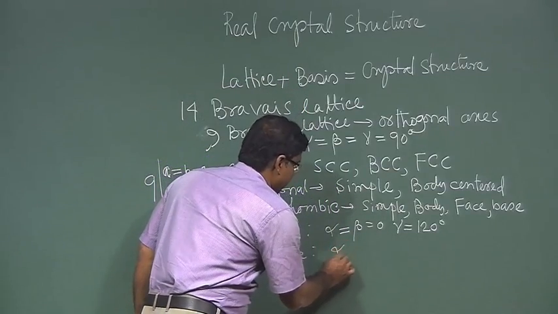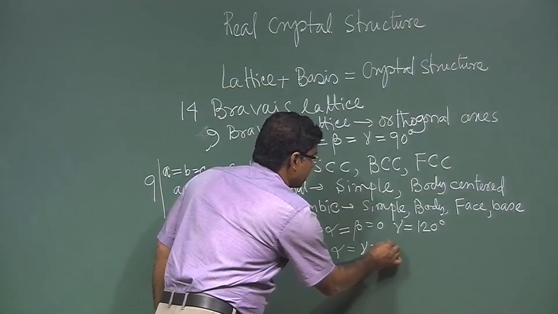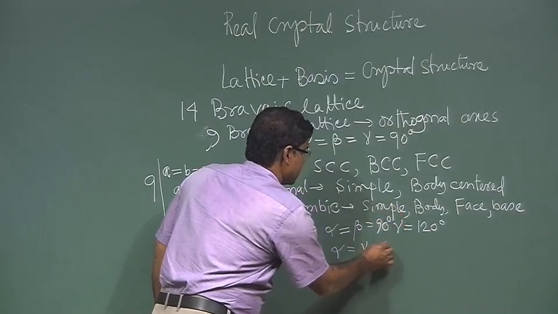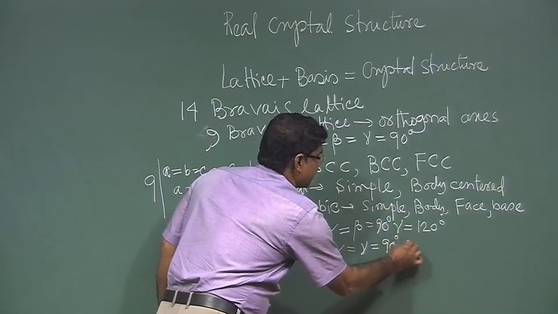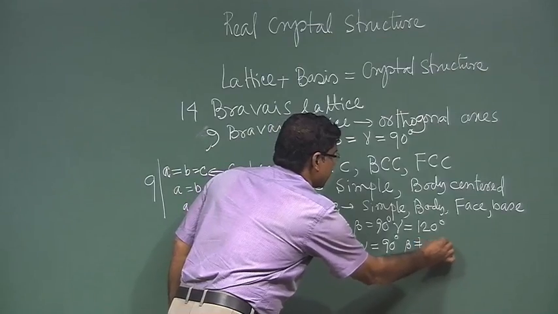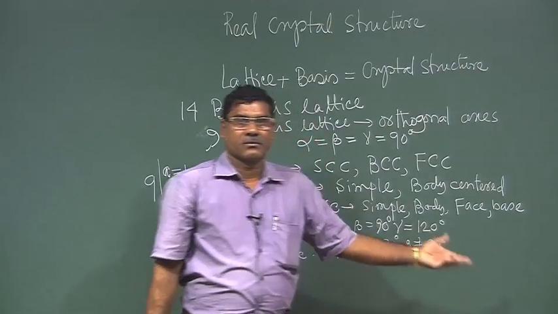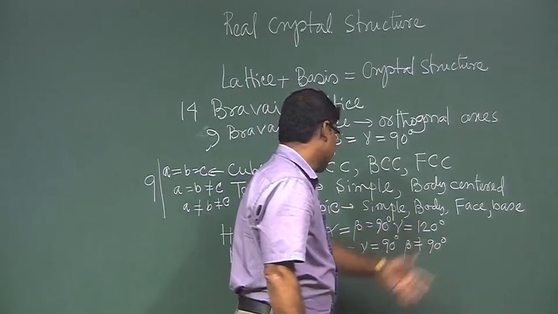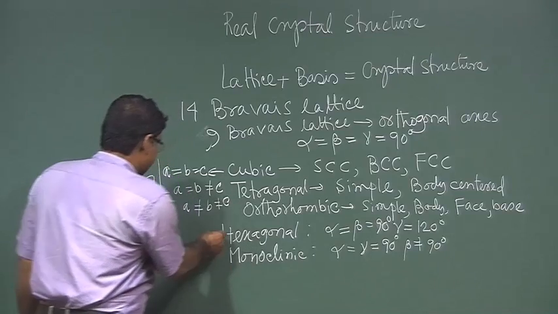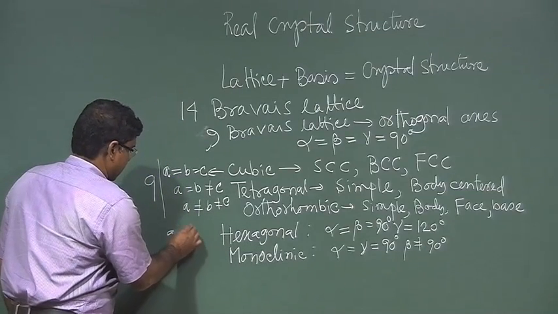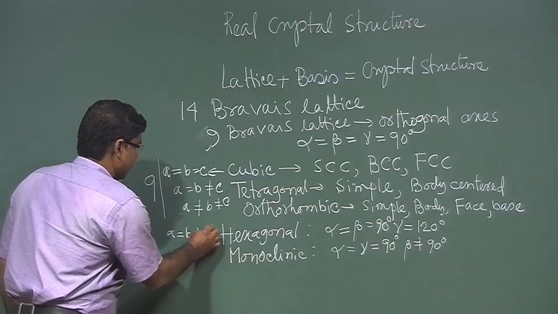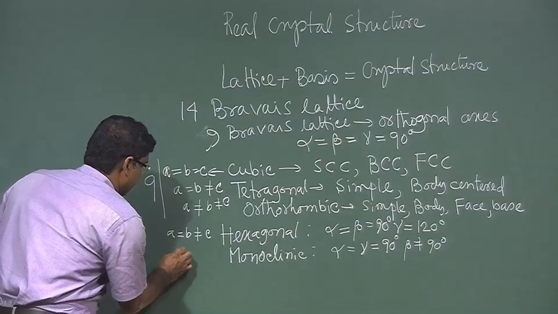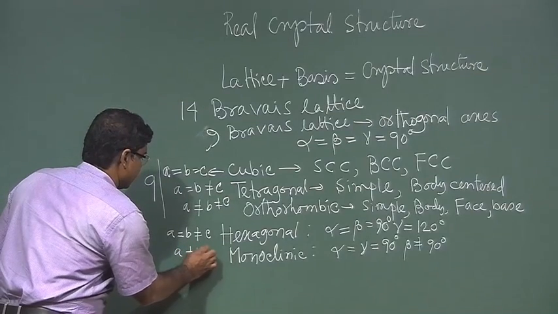So, alpha equal to gamma equal to 90 degree, but beta is not equal to 90 degree. It is not even 120, it can take any value other than 90 degree. Okay. So, in case of hexagonal, A equal to B is not equal to C, right, and in case of monoclinic, A is not equal to B is not equal to C.